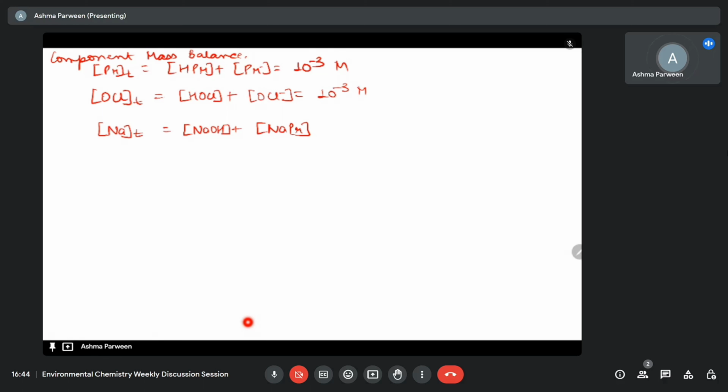Now let's take the NaOH amount as C, because we know the amount of NaPr added, but we have to find the amount of NaOH.